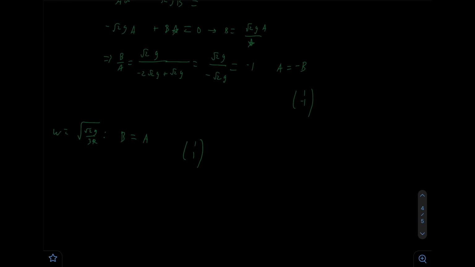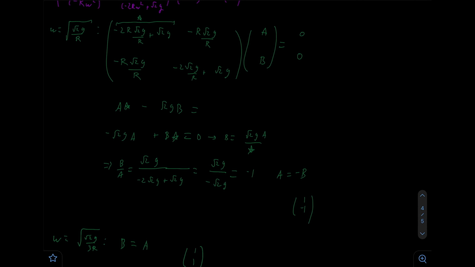Okay, so how do we write our solutions? We have theta and alpha of t, and I'm going to write it in vector notation. So we're going to have a superposition of two normal modes. So we write it like this. Start with 1, 1. So it's going to have e to the, by the way, I'm going to call this omega 1.